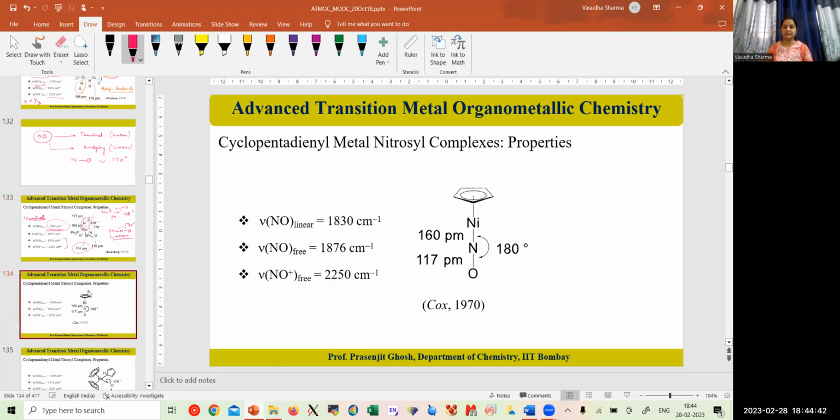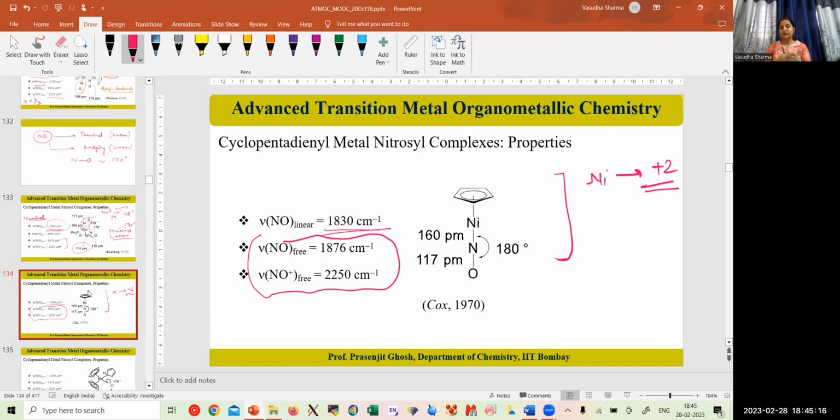Another complex is nickel nitrosyl, where it is only having one nitrosyl group at 180 degrees. But during the oxidation state calculation, when we need to calculate the metal oxidation state, we have to consider the charge on the nitrosyl as positive. Therefore, it will give you nickel as +2 in nature. And if you compare all the three different structures, the linear one is now having 1830, because there is no comparison of the bent.